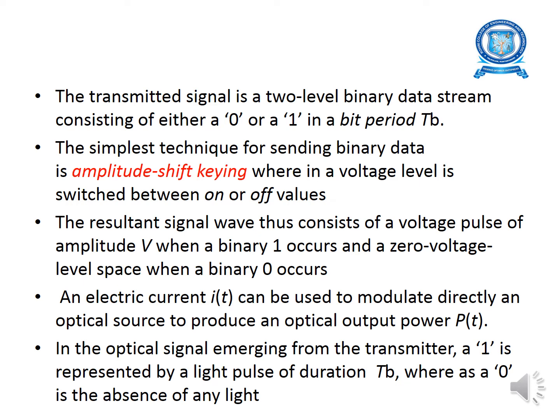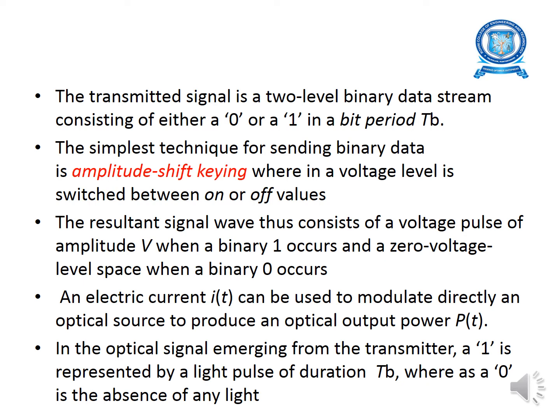The optical transmitter converts the electrical signal into an optical signal. An electrical current I of t can be used to modulate an optical source, either an LED or laser diode source, to produce an optical output P of t.